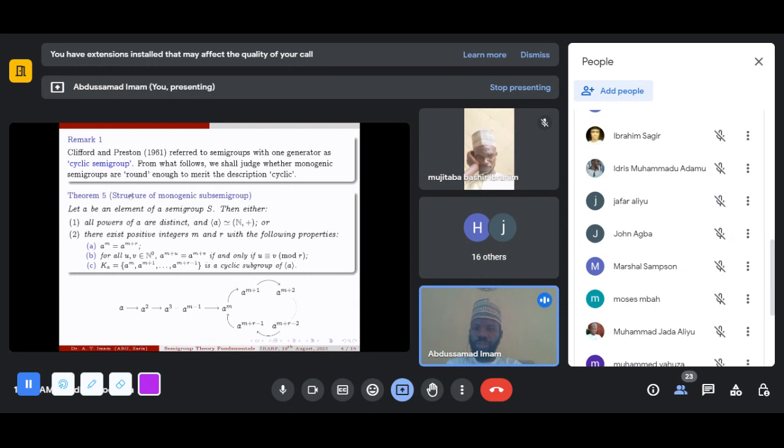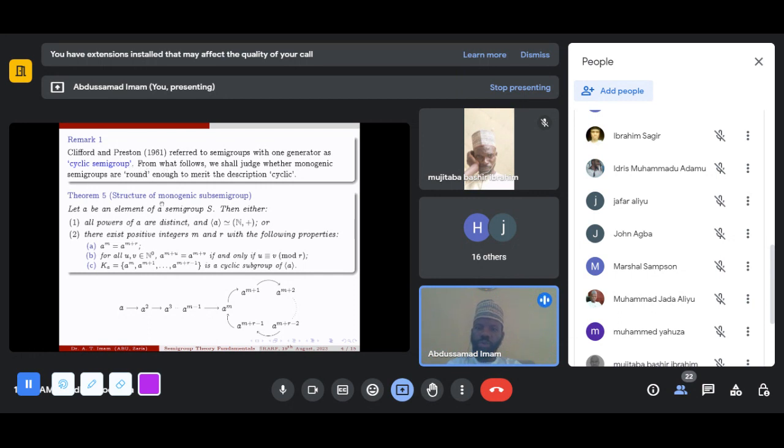From this theorem, this is where we reveal the structure of the monogenic semigroup. They call the monogenic semigroup a cyclic semigroup, but it is not round enough to merit the description cyclic. In group theory, when you say cyclic group, you see that the group is cyclic. You have a square, a cube, a4, a5, up to a^(n-1), and then a^n will be equal to a.